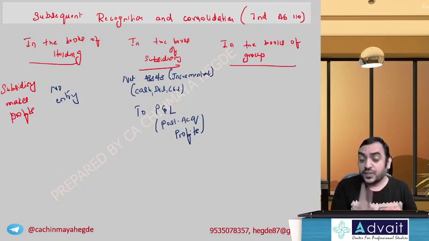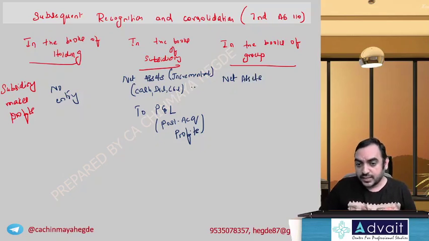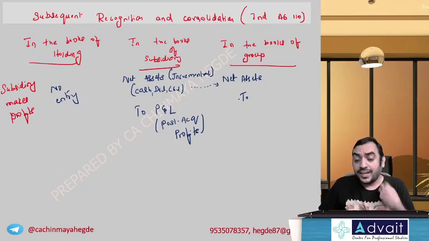And in the books of the group, what entry are we going to pass? These profits belong to the group as well as to the outsider. So the net assets are debited, but the entire profits cannot belong to the holding company.